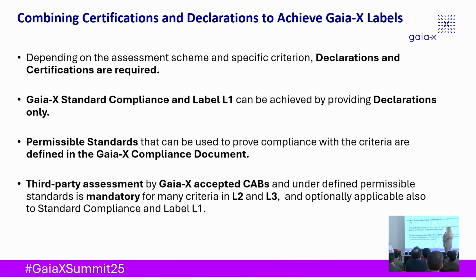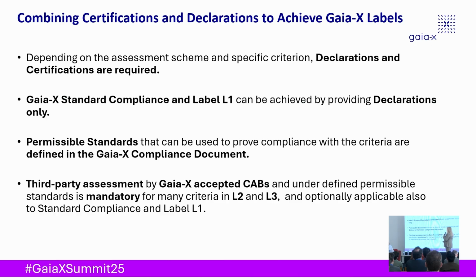In relation to the use of certifications and declarations, as I told you, many criteria are the same, but depending on the specific assessment scheme and depending on the criteria, you would have to mandatorily provide a declaration or a certification. So for the first levels, standard compliance and label level 1, you can just provide declarations.